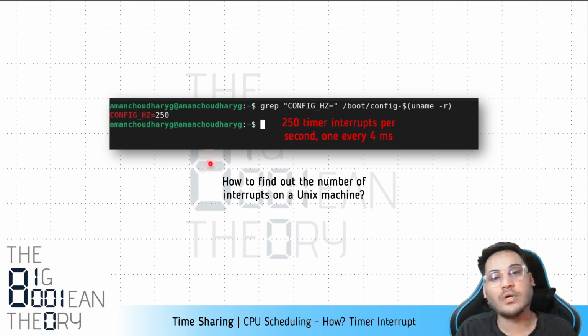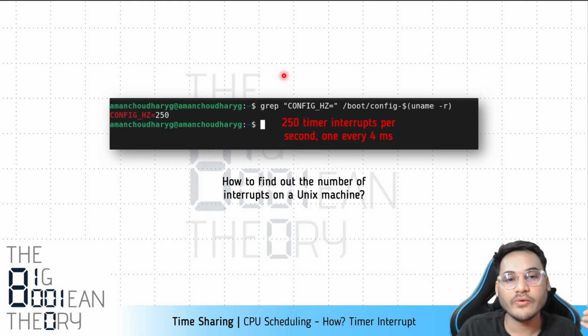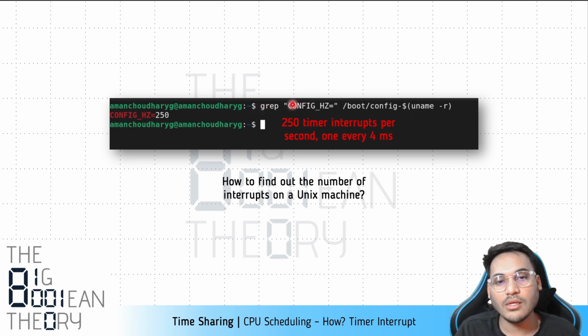So here I have written the command that you can use to find out the number of interrupts that are raised in your computer system in 1 second, if it is a Unix machine, right? So here we have a kernel parameter called CONFIG_HZ, and as you can see on the system that I ran this command, the output is 250.